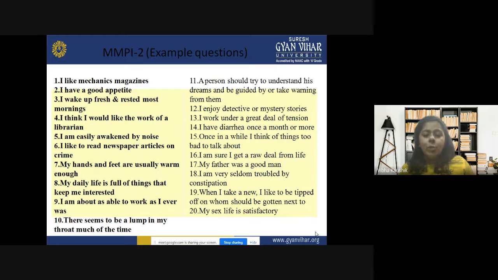When I take a new job, I like to be tipped off on who should be gotten next to. And the last one is my sex life is satisfactory. Means these are the example questions from the MMPI-2. Now, a subject has to answer these questions whether these statements are true according to their personality traits or false.